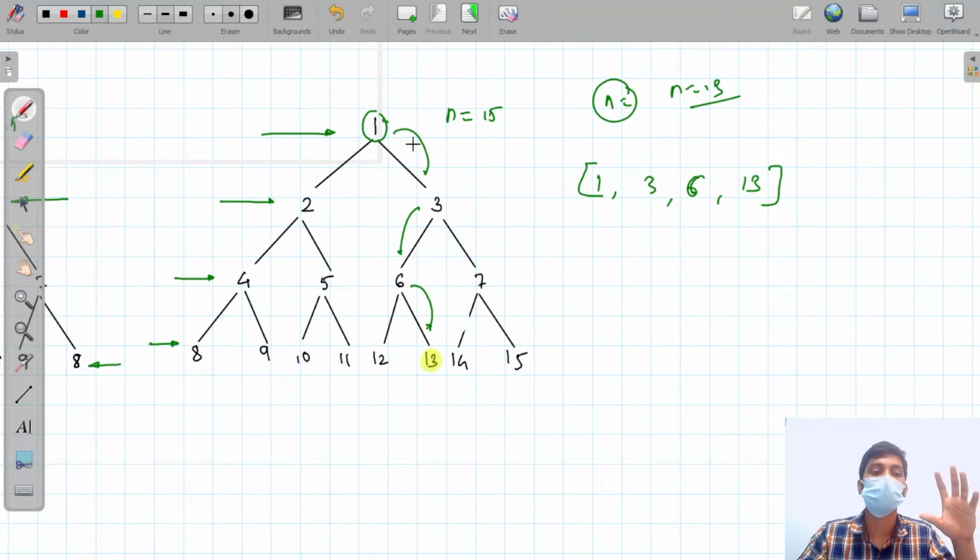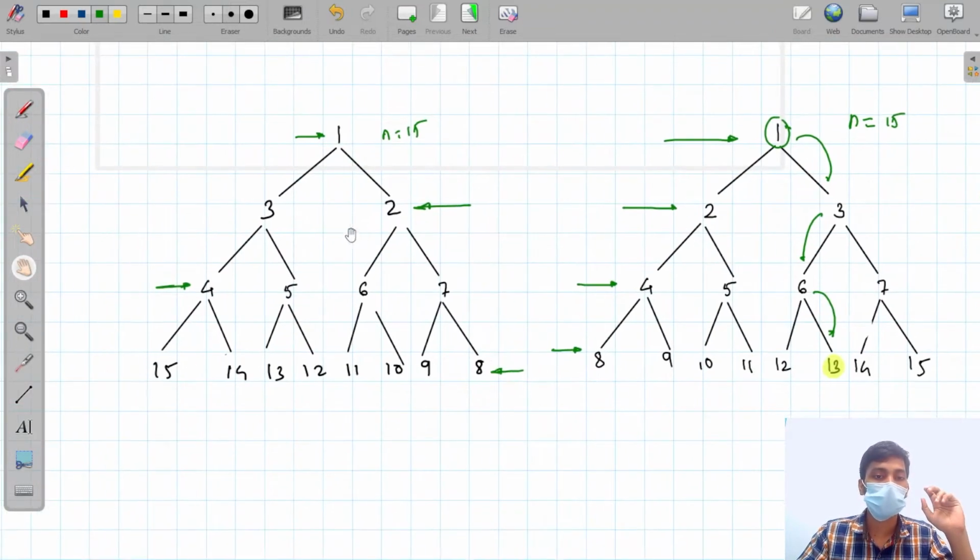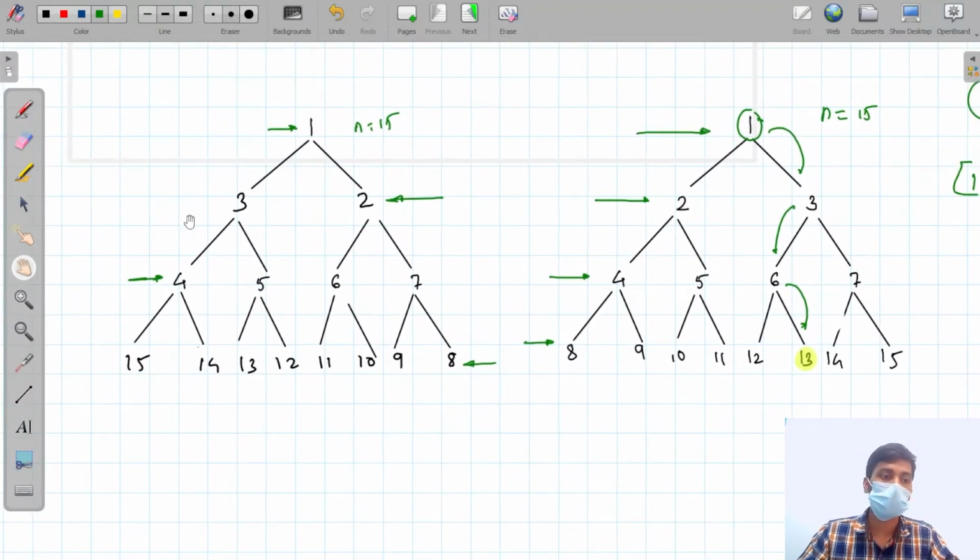Further the question is going to remain the same: if I am asked to find the path of 13, and the tree is given in something like this order, that is the levels are interchanging at every even level. First it was 1, then 2 is here and 3 is here, but in our normal tree it is going to be something like this, 1, 2, 3.